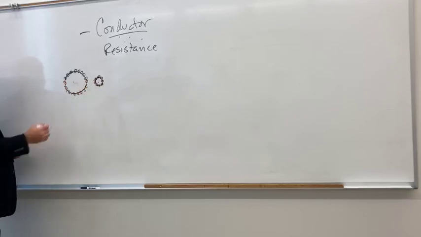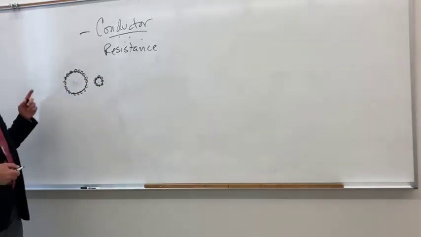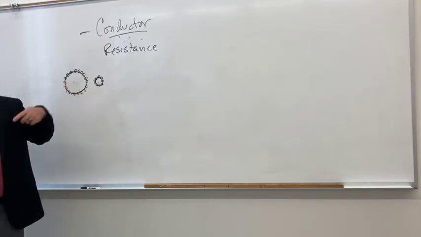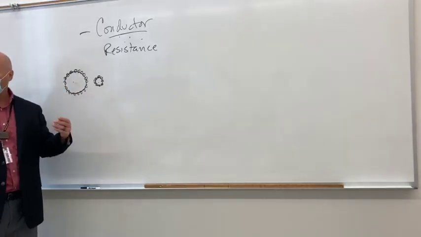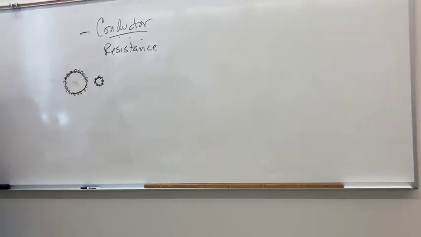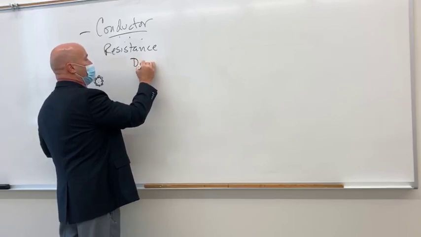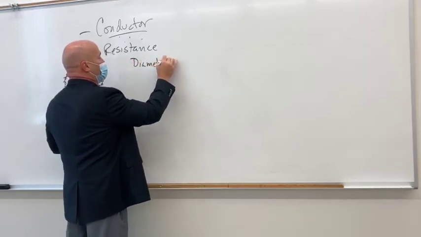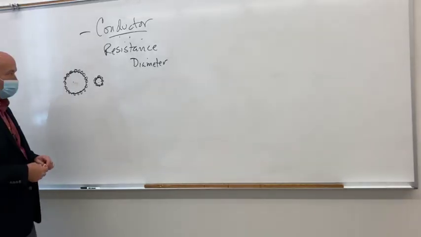More here or more here? Significantly more over here, right? So bigger wire, less resistance. You can push more electrons through the wire at any given time. So resistance can be changed by changing the diameter of the wire. Bigger wire, less resistance, more electrons can flow.